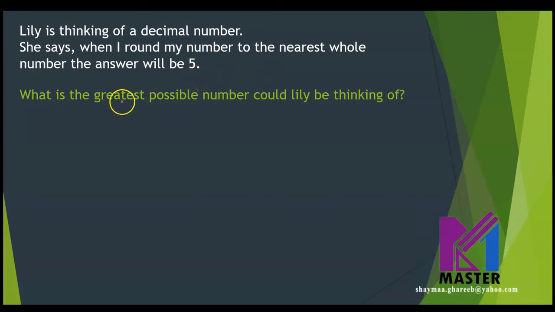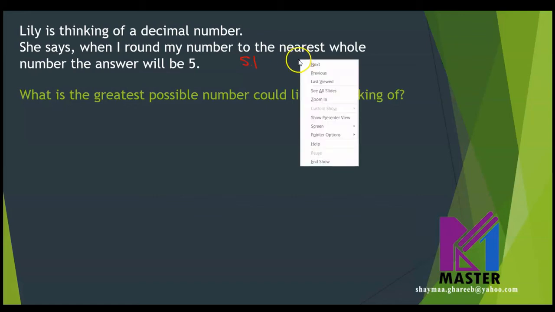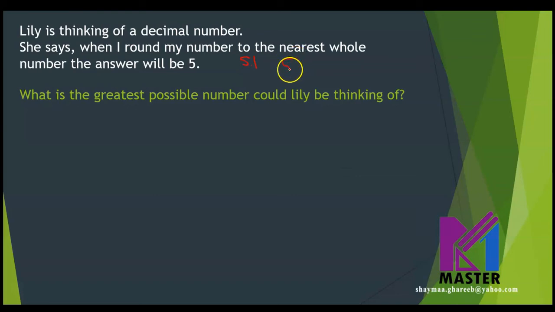Let's try the greatest possible number, which means a number that is greater than 5. What about 5.1? If I round it to the nearest whole number, it will be 5. What about 5.2? Also 5. What about 5.3? Also 5. What about 5.4? It will give me 5.